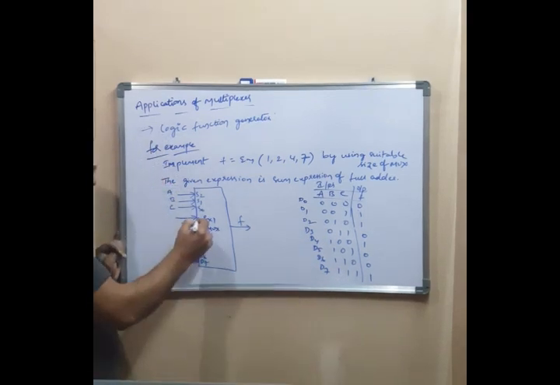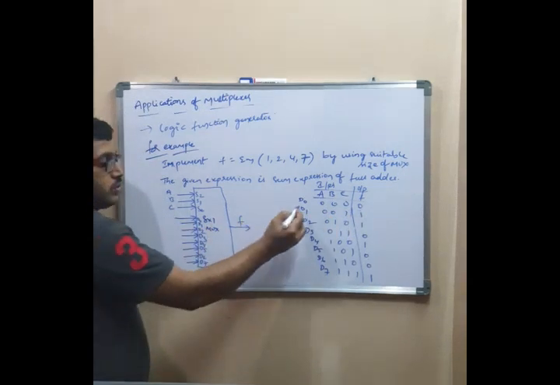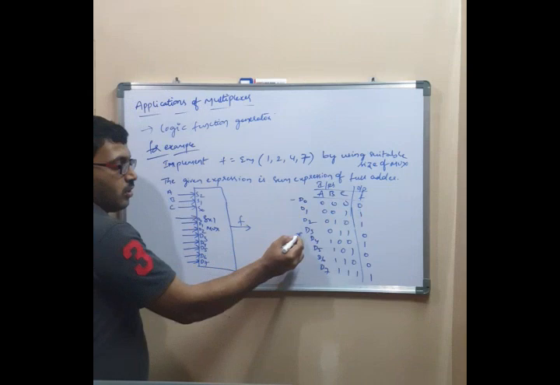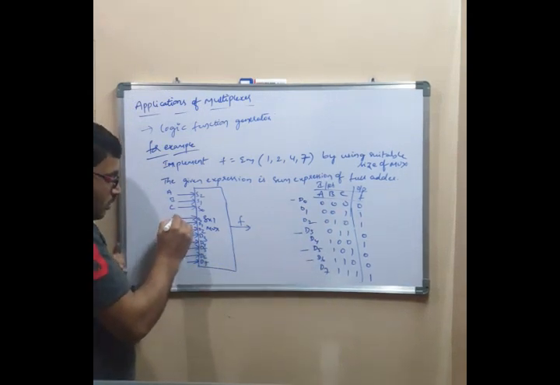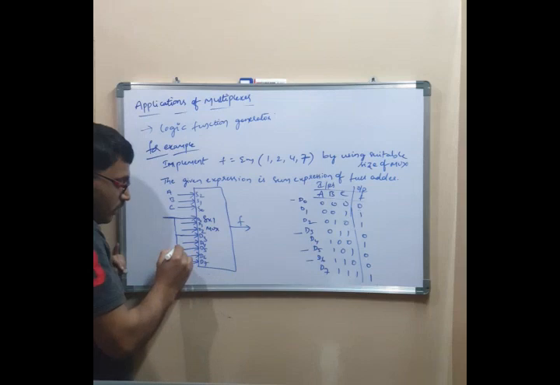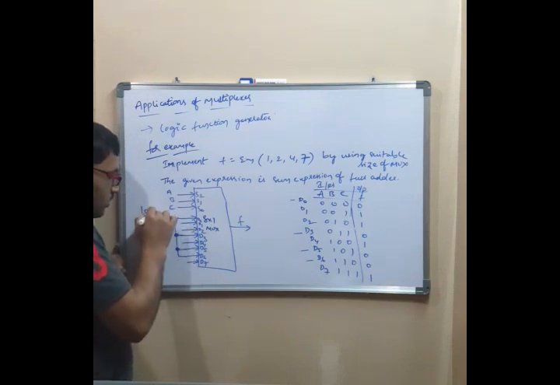So you connect the corresponding data inputs to 0, which data inputs? D0, D3, D5, D6. I will connect these to logic 0.